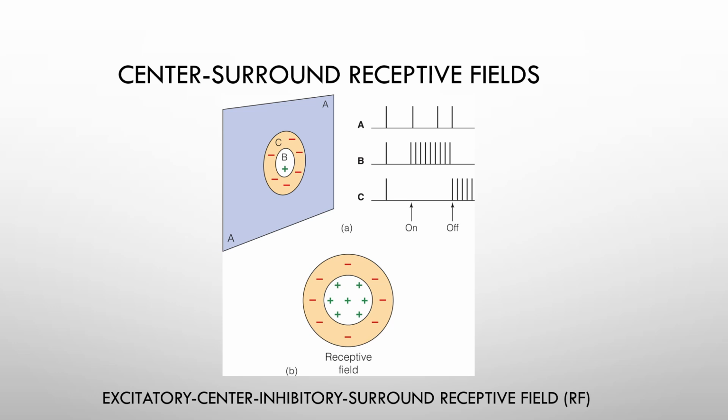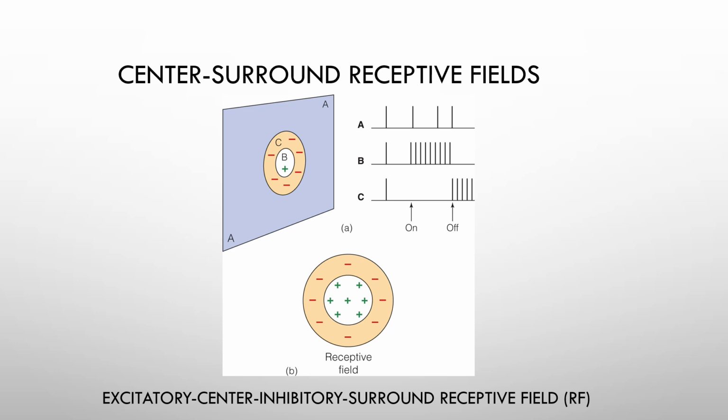If they shine a light in the center at B, there's a spontaneous rate of firing. We see the neuron fire. Turn the light on, and the neuron starts to go fire, fire, fire, fire, fire. Right? It's firing more quickly because it's responding to the light, and it's an excitatory kind of firing.